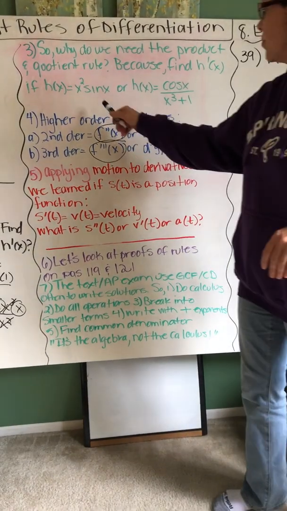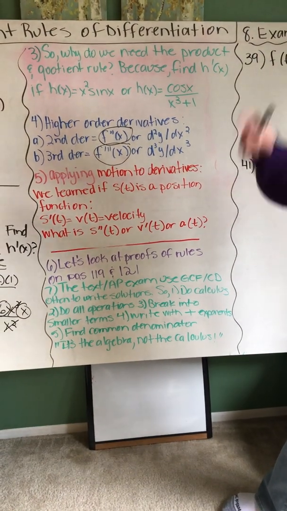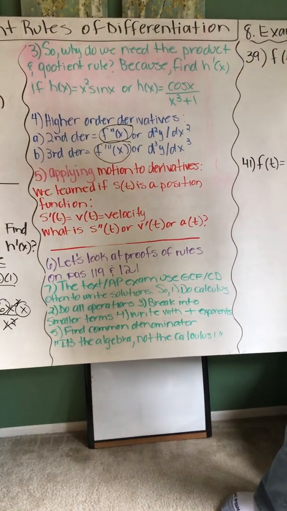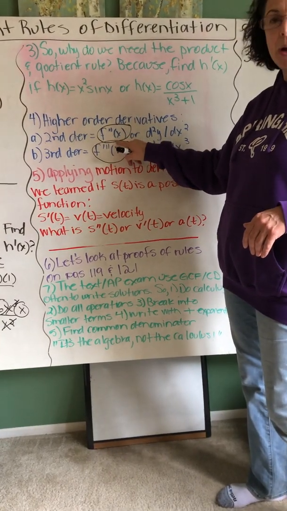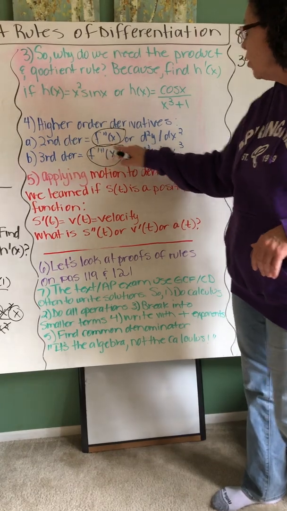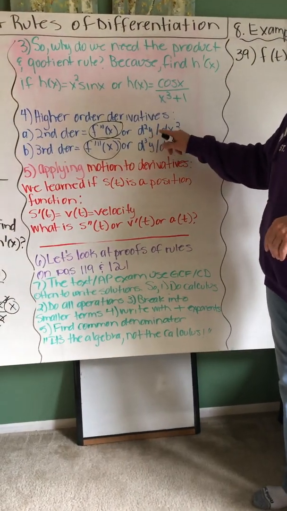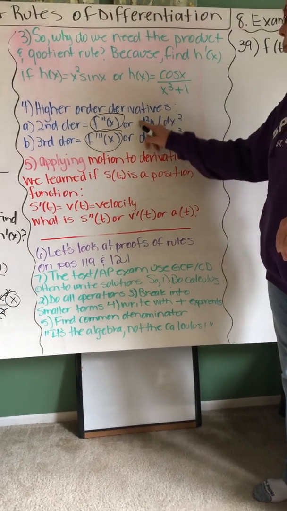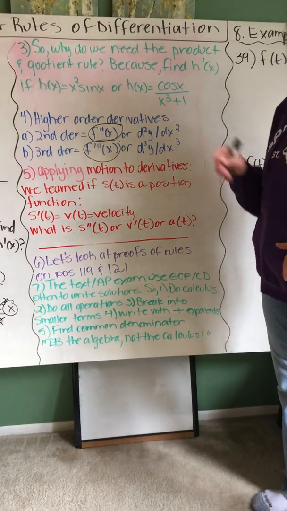Let's take a look at number 4, higher order derivatives. You know a first derivative is f prime of x, and the second derivative then, it makes sense, is f double prime of x, double quote mark there, or using what's called Leibniz form, d squared y divided by dx squared, and the way we say that is the second derivative of y with respect to x.